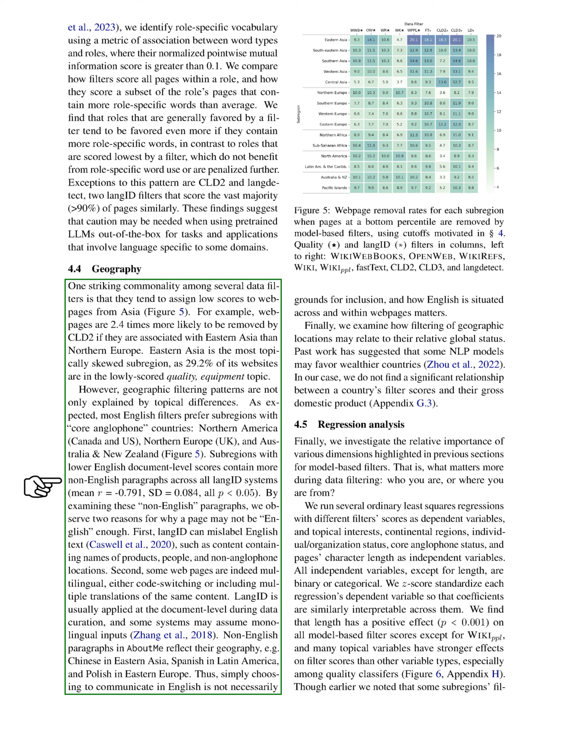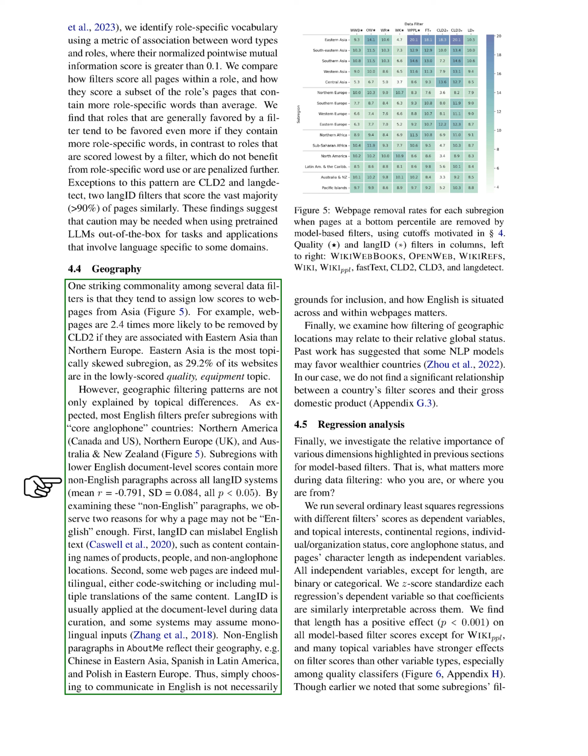First, the language identification system can sometimes mislabel English text, especially when it contains product names, people's names, or non-English place names. Second, some web pages are genuinely multilingual, either switching between languages or providing multiple translations of the same content. Language identification is typically applied at the document level during data curation, and some systems might assume that the input is monolingual.